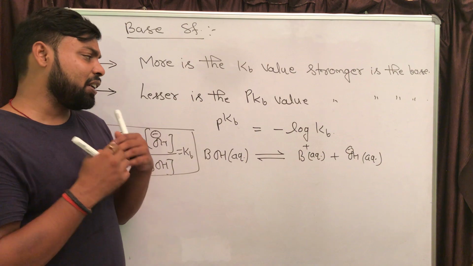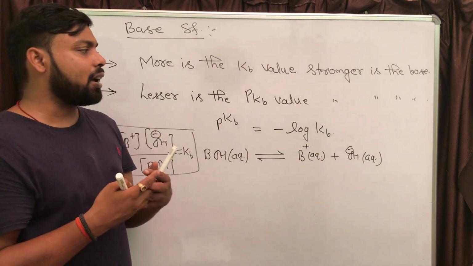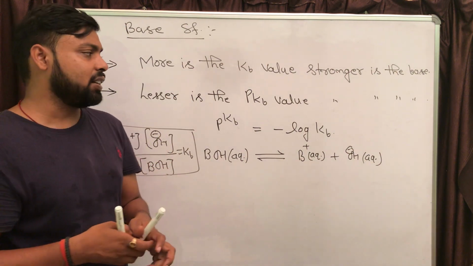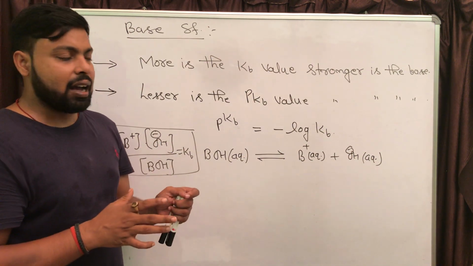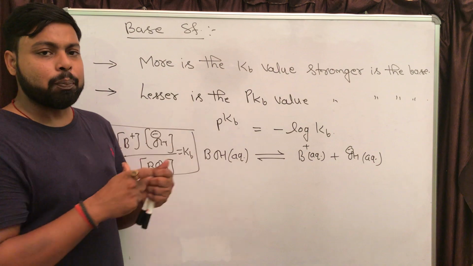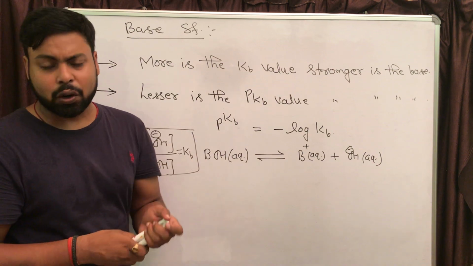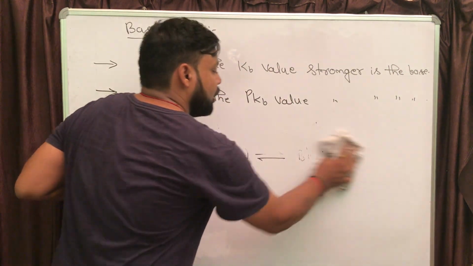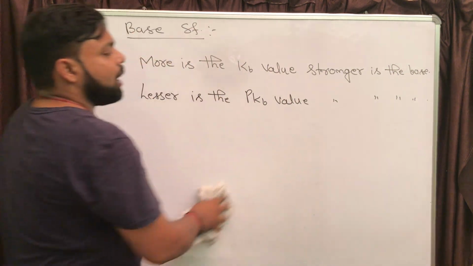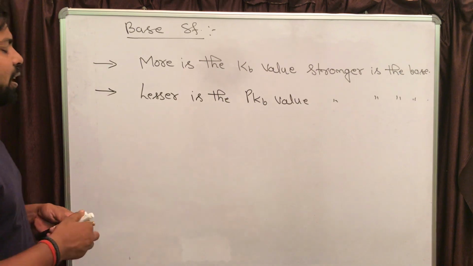It is a very parallel conclusion as we have made in acidic strength, so I am not going into detail. We have already done it in acidic strength, so I am just making the points and we'll do 1 or 2 problems. Then we'll start resonance. So these 2 points have already been discussed in acidic strength.